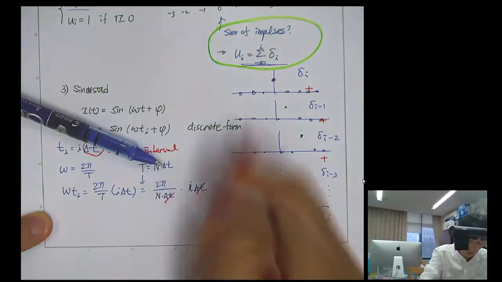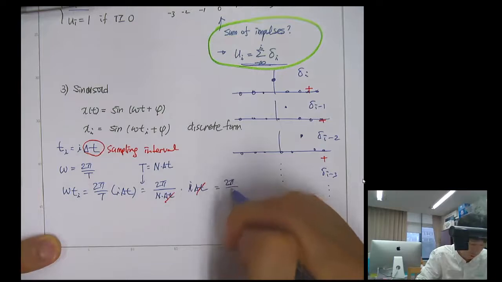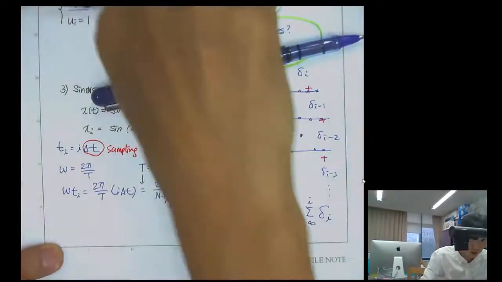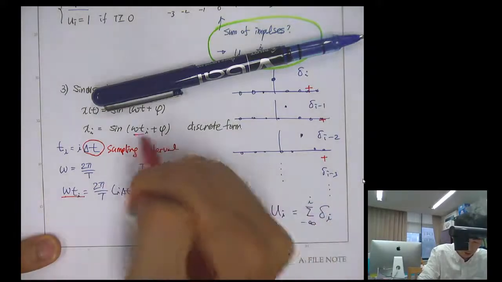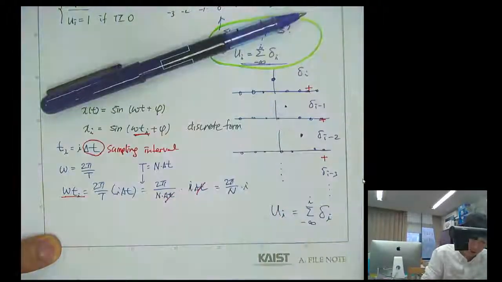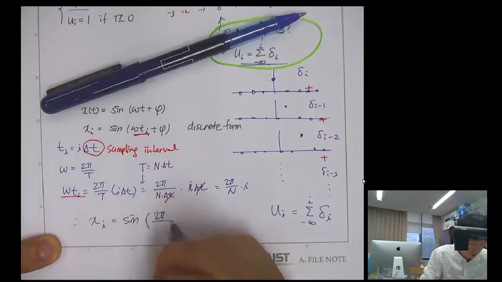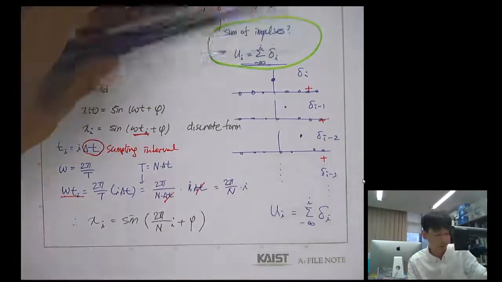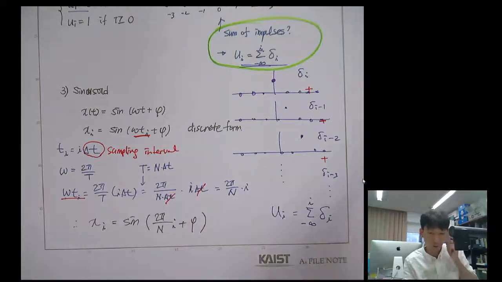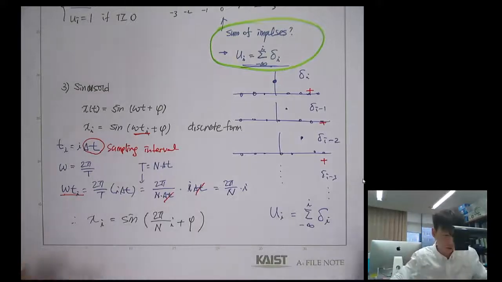So delta t will cancel out. Then it becomes 2 pi i over N, right? So if you put this one in here, then x[i] is sine of 2 pi i over N plus phi. So the sinusoidal function is expressed in a discrete form.